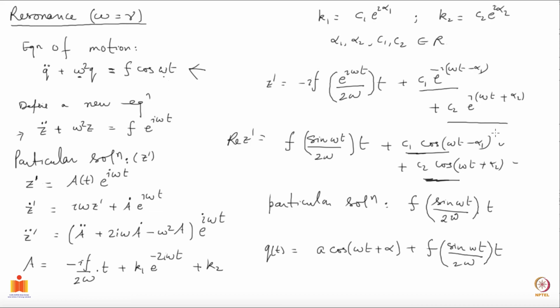Now if you look at the solution carefully and pay attention to this term, you see there is of course a harmonic variation, sine omega t here, but you also have a t proportionality here, which means that your solution, your displacements q of t, are growing linearly with time.